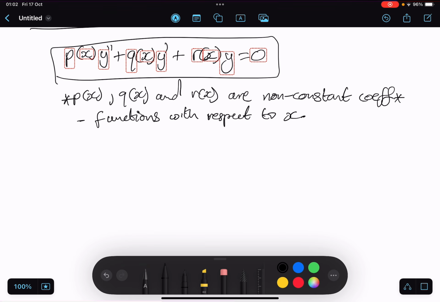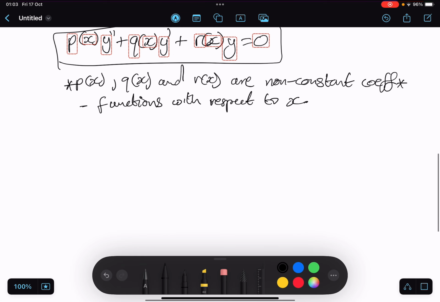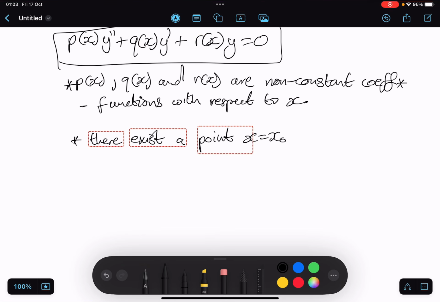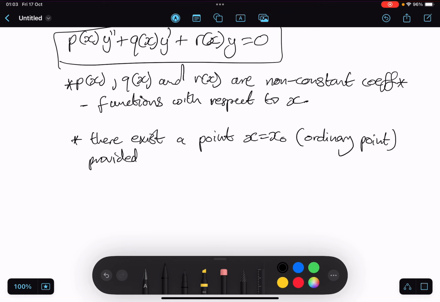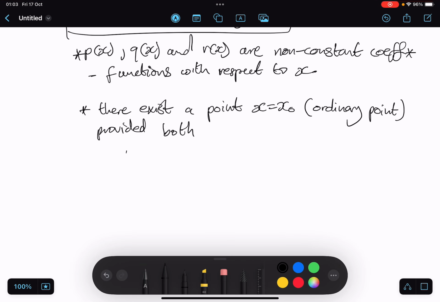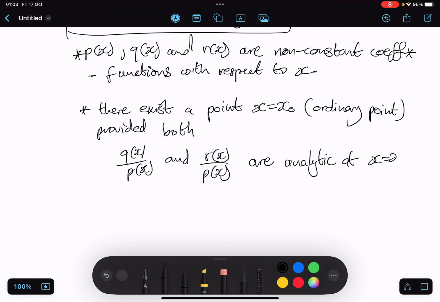But in order for you to find the series solutions, there should exist a point x is equal to x naught, which is called an ordinary point, provided both q of x over p of x and r of x over p of x are analytic at x is equal to x naught.